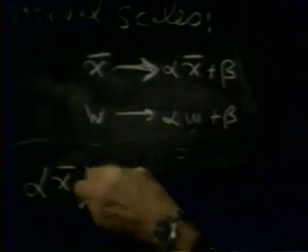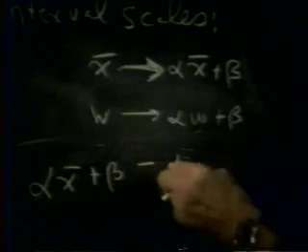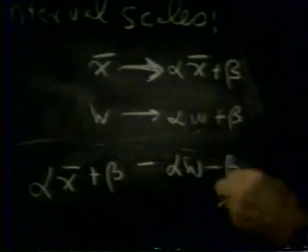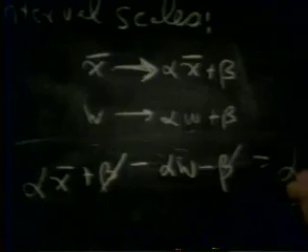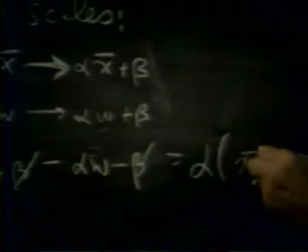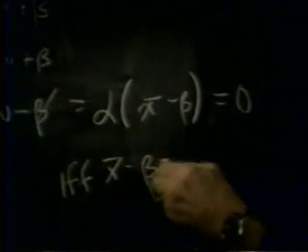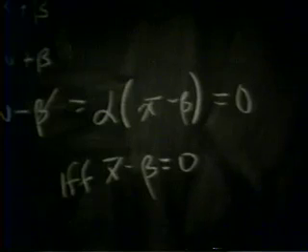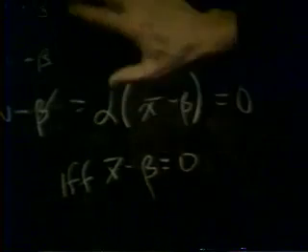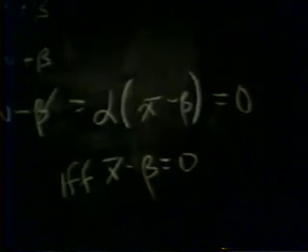In the transformed picture, I'll have this. The betas will cancel. I can pull the alpha outside, and I get that. And this will be equal to 0 if and only if x bar minus w is equal to 0. So the invariance will obtain under interval scale transformations.